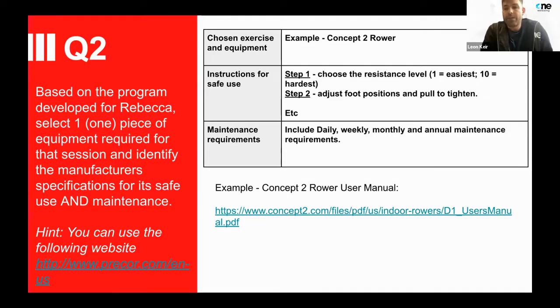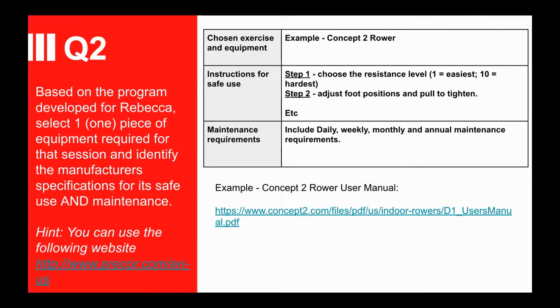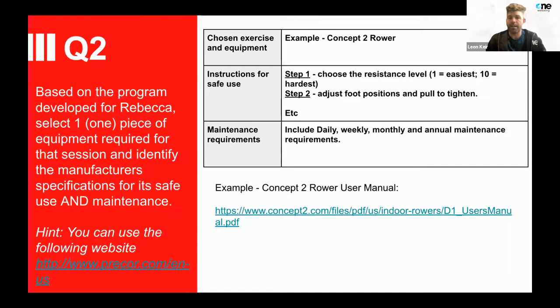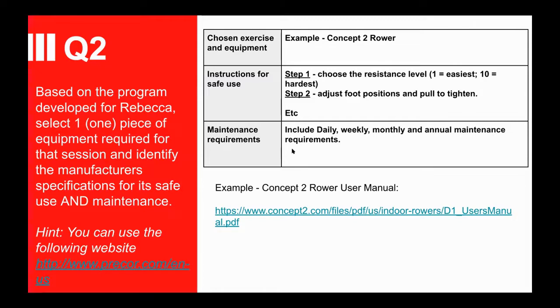Monthly, especially at a popular gym, you'd have to change batteries. And then annually, you'd have to get a service on the rower every year. Yearly, every year you'd have to get the rower serviced. Okay.